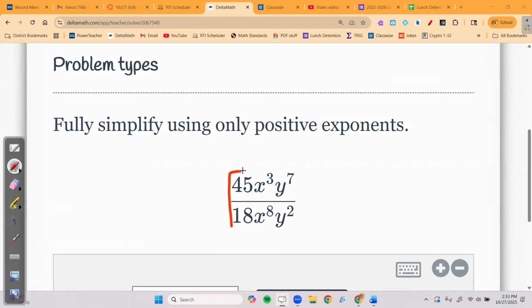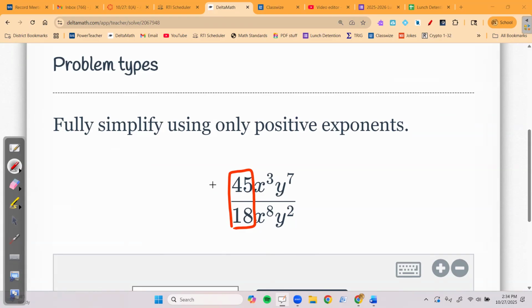So here we go. Help me reduce 45 and 18. What can you divide 45 and 18 both by? This is not a subtraction problem because they're not exponents. What can you divide them both by? 3?